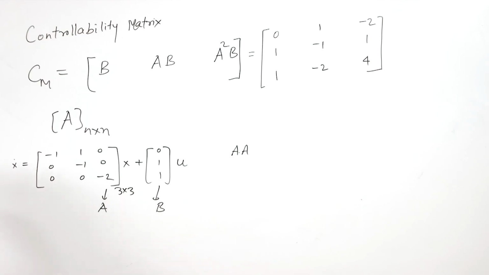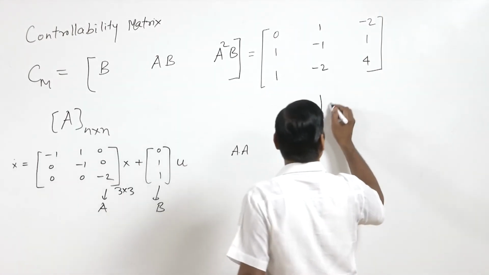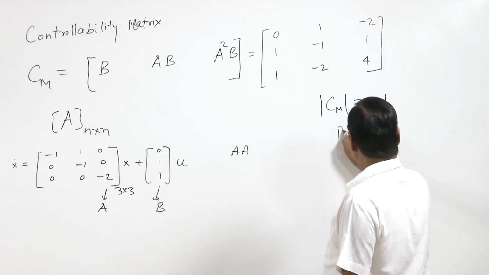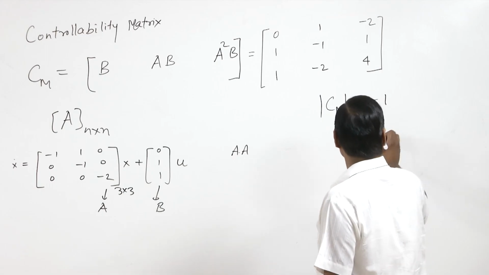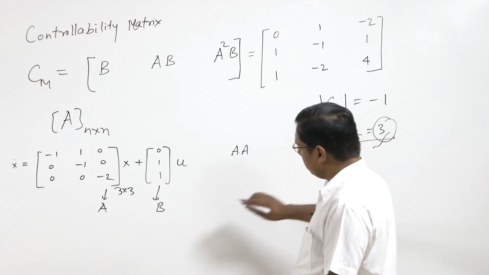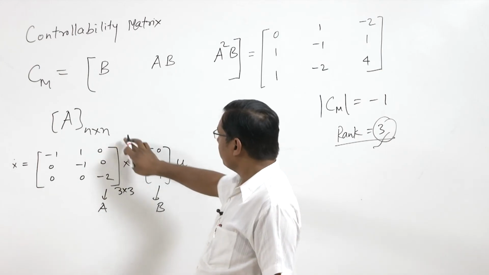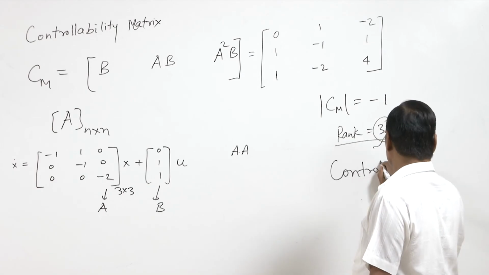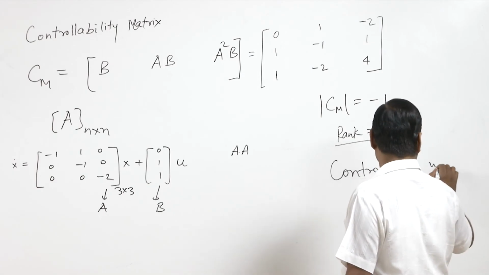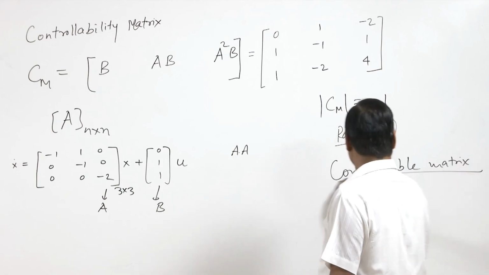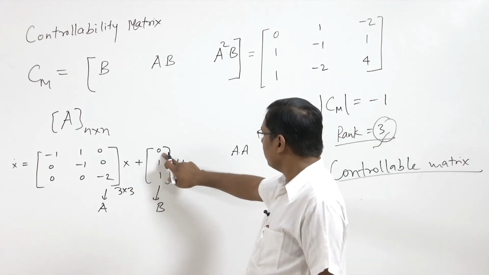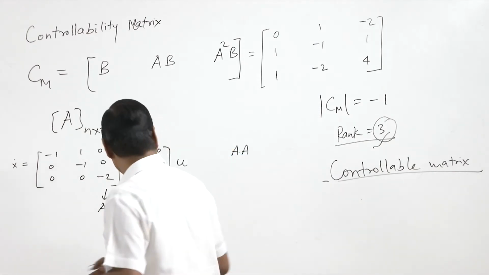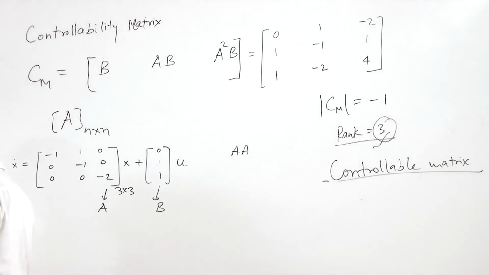The determinant of this CM equals minus 1, and its rank is 3, which is equal to the order of the system, n. So this is controllable. Just by seeing the first row of the B matrix, which was 0, we can't say the system is uncontrollable, but the system is controllable.